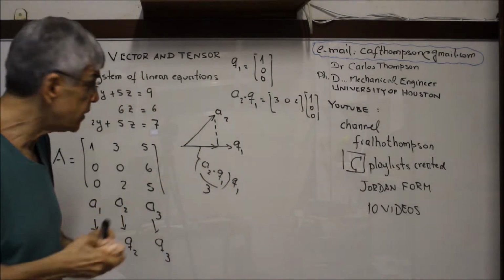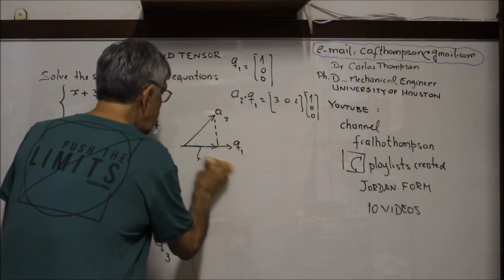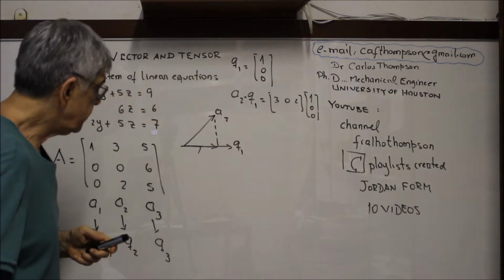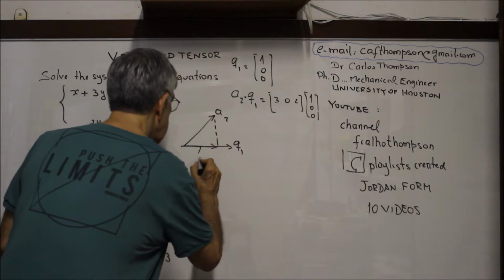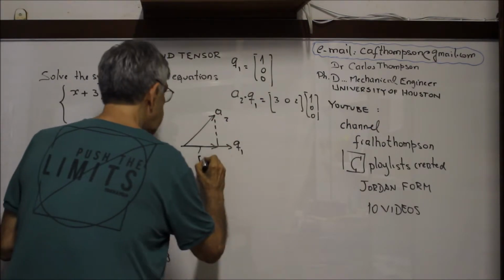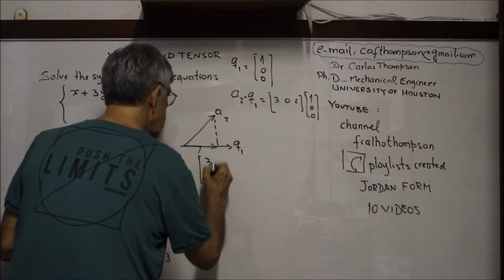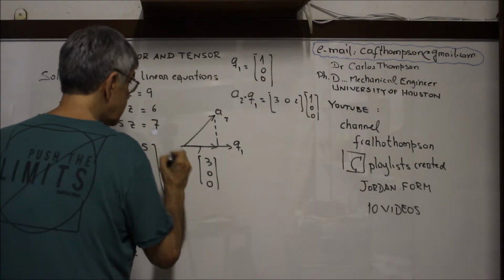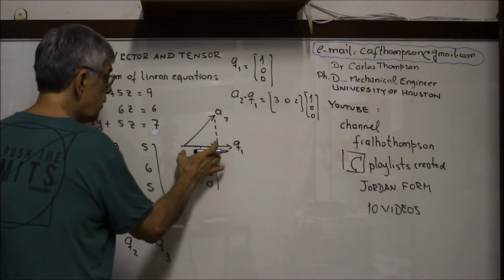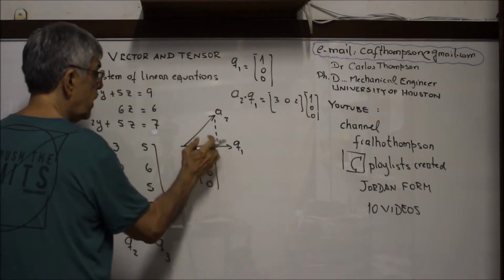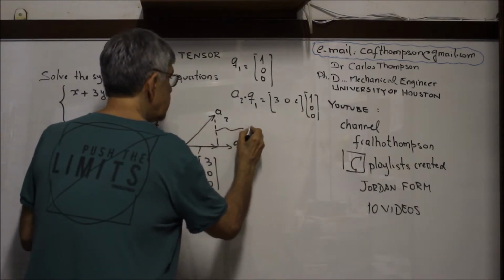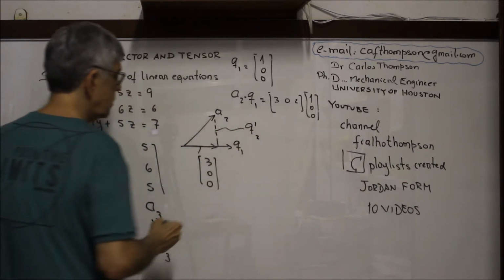Please follow because it's simple, okay? Now, 3 times q1 will be 3, 0, 0. This here is this vector over here, okay? Here is q prime 2.